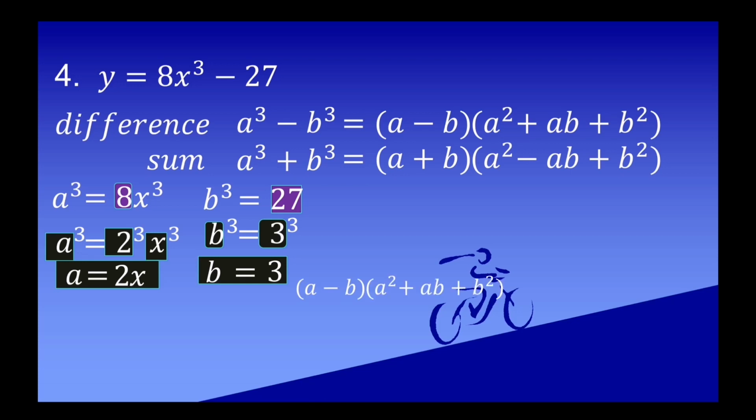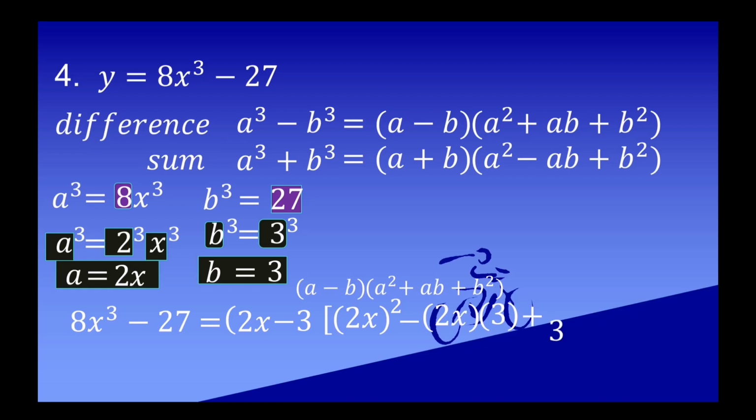In applying the difference of cubic functions, our a cubed minus b cubed, this is our given function. 8x cubed minus 27 is equal to a quantity of 2x minus 3 multiplied by 2x squared plus 2x times 3, then our b squared is 3 squared.